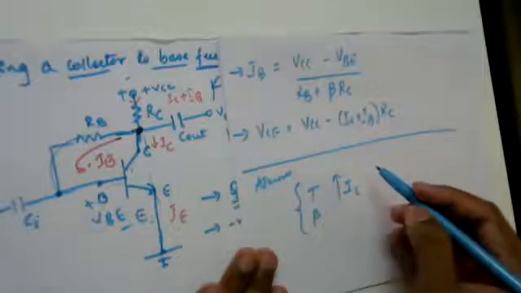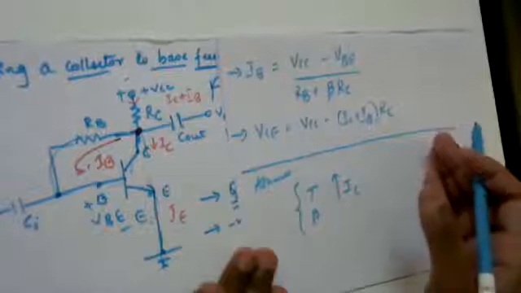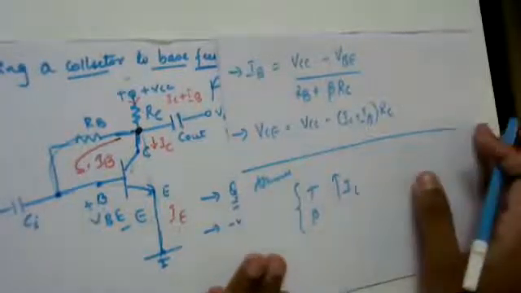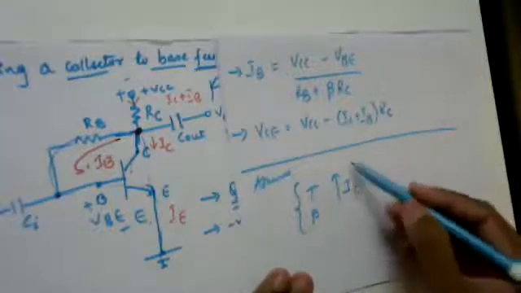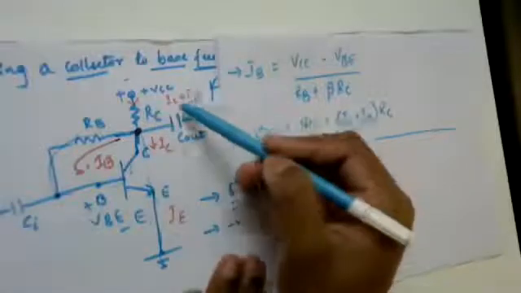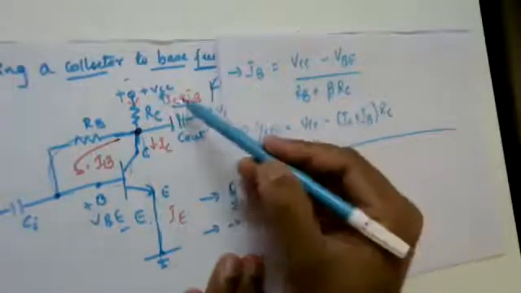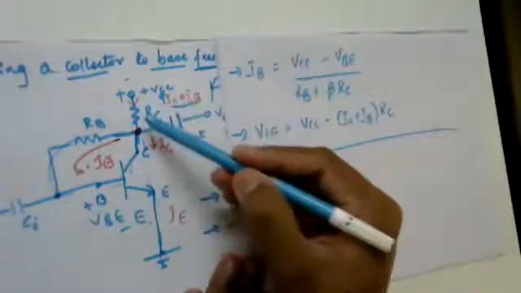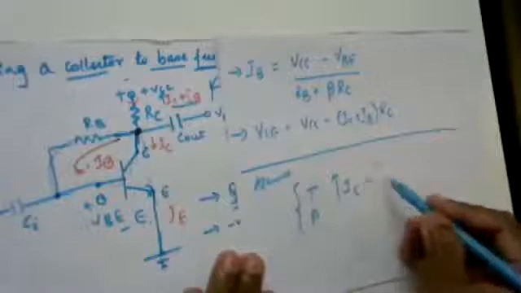Understanding? Now since IC increases, what happens here? This current is increasing. Since this IC is increasing, what happens to the voltage drop?